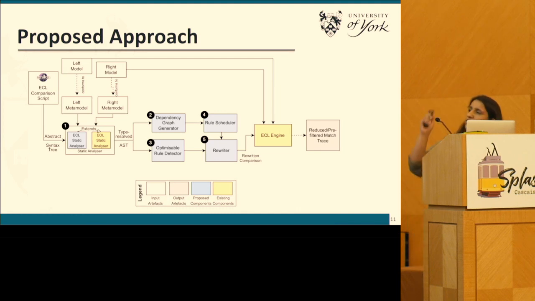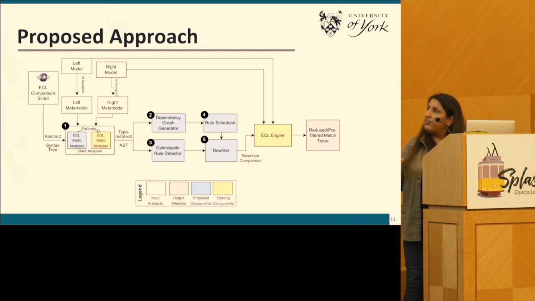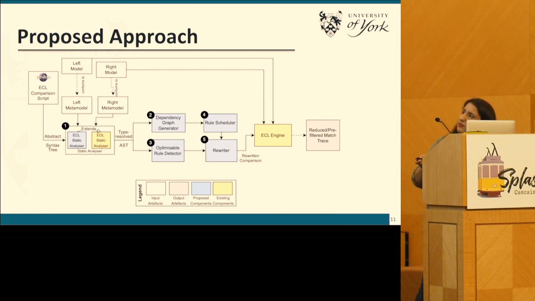I will go through this step by step, but the main idea is this: we have an ECL comparison script that is comparing a left and a right model conforming to their respective meta models. Then we have a static analyzer block that takes in the abstract syntax tree.